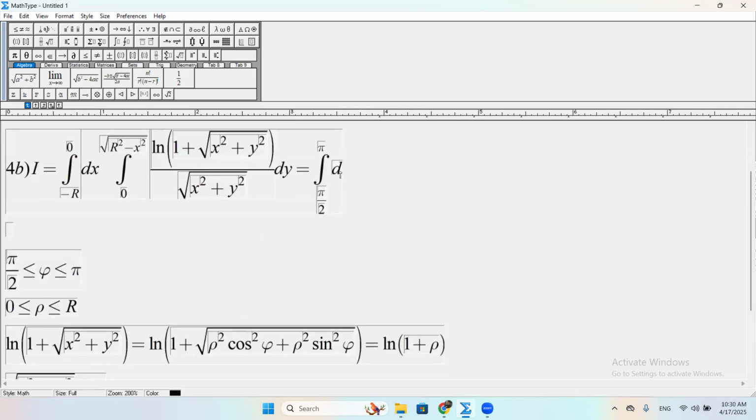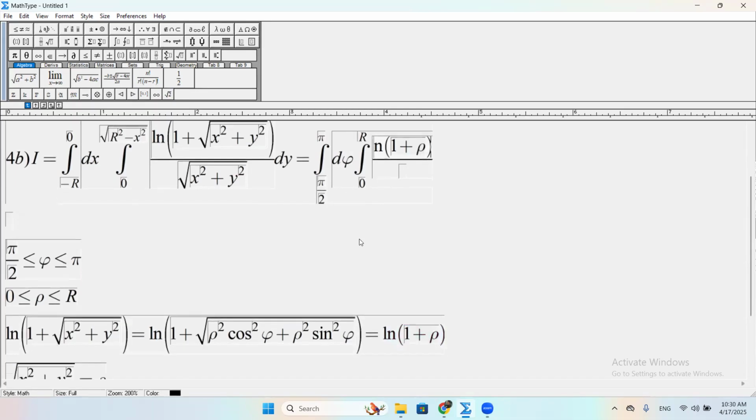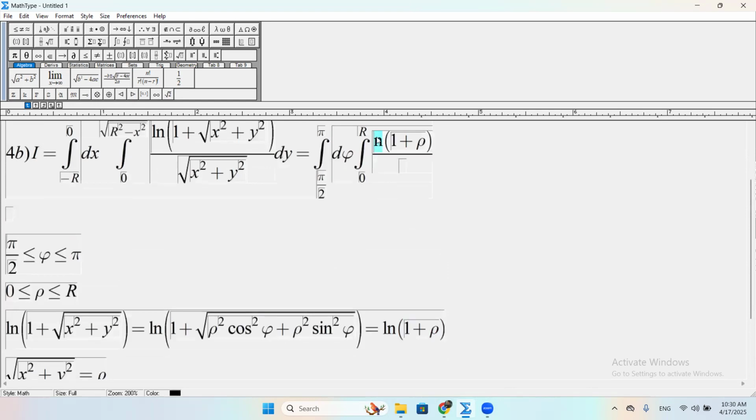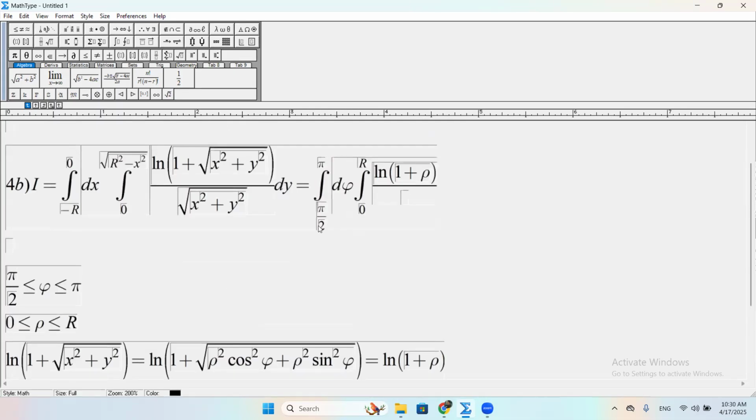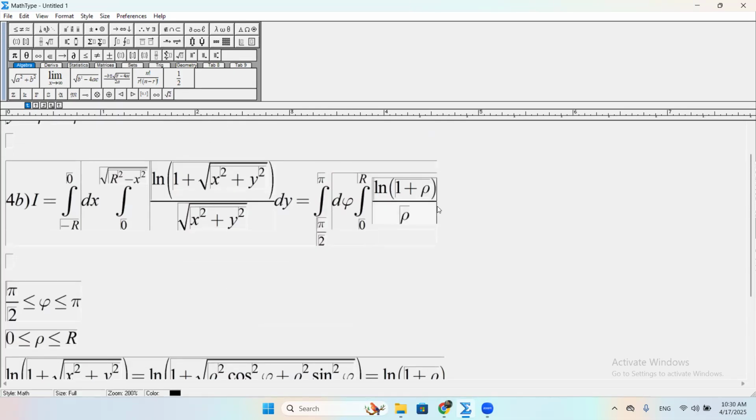So d phi, and d rho from 0 to r. What will we have here? Logarithm of 1 plus rho divided by rho, and it is also multiplied by rho.